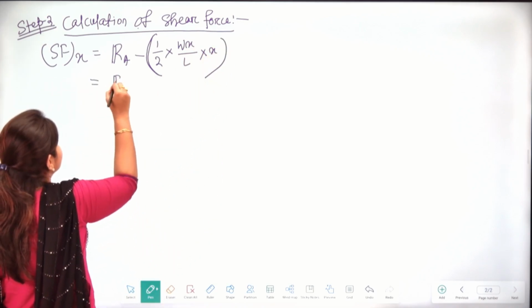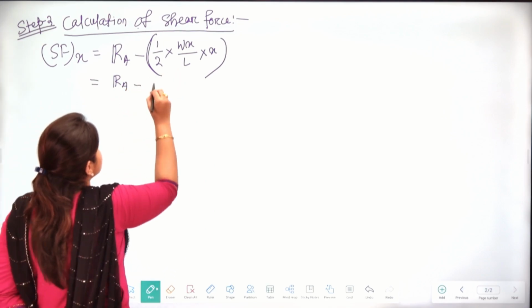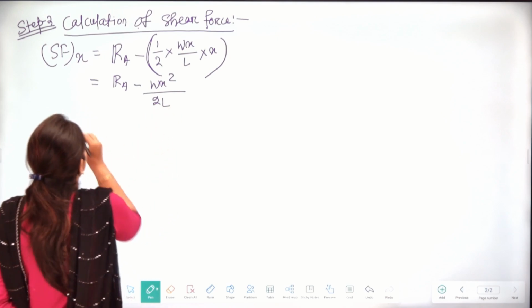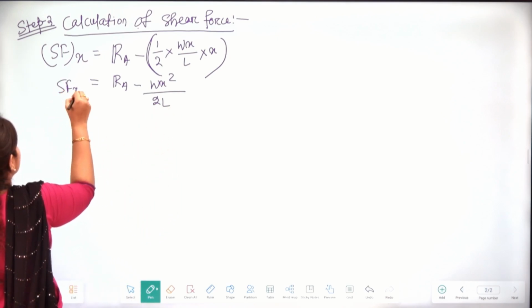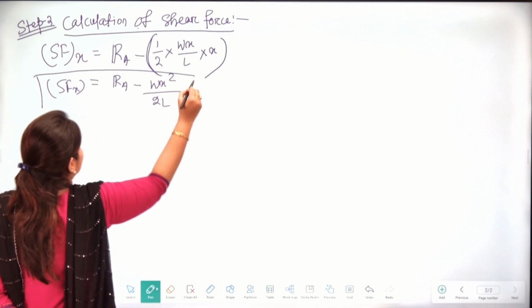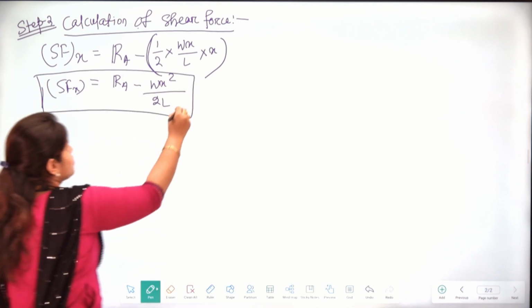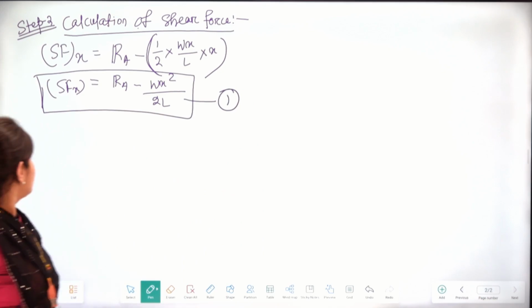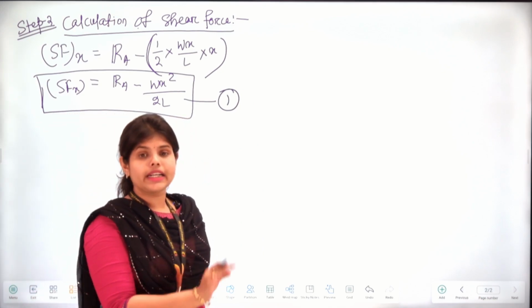So the shear force is RA minus Wx square by 2L. This is equation 1. Now we can calculate shear force at any point.